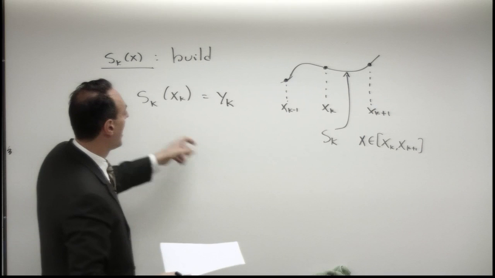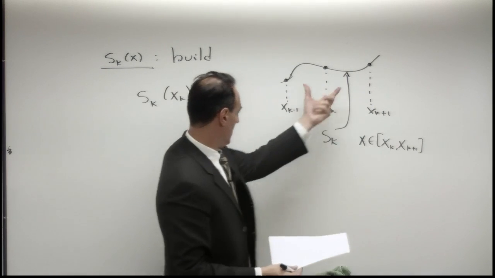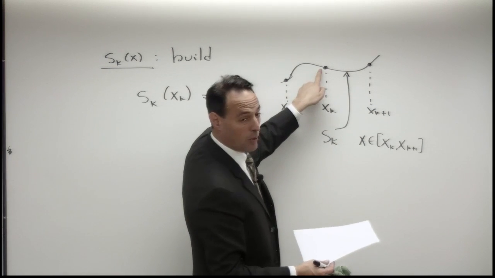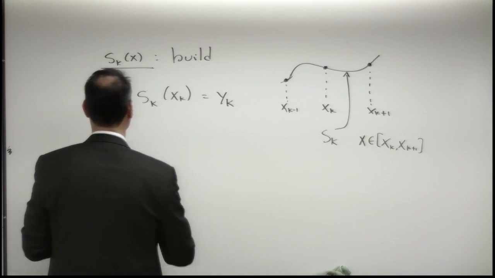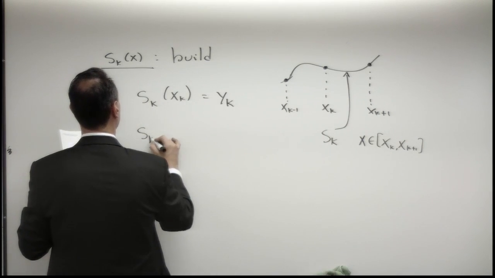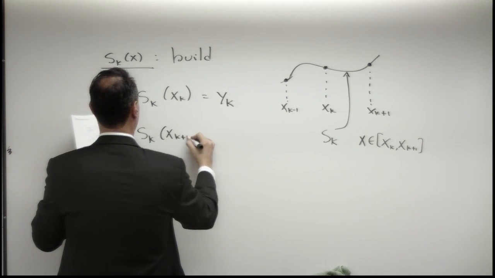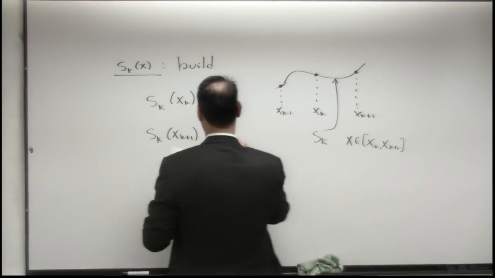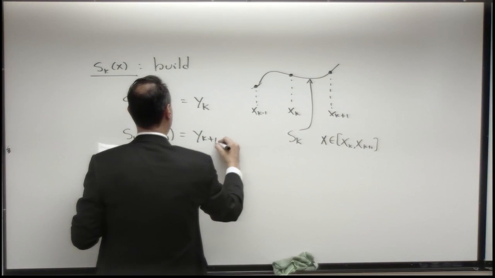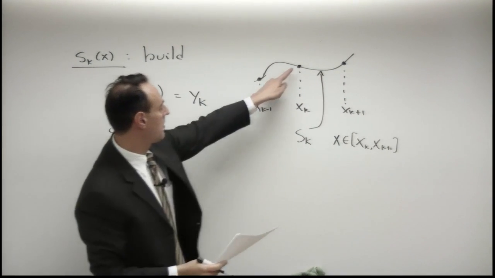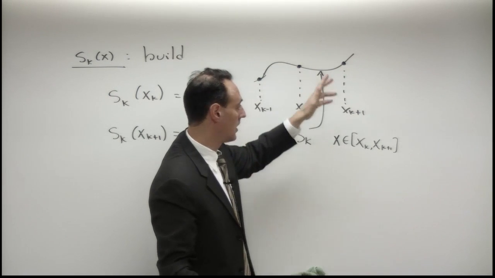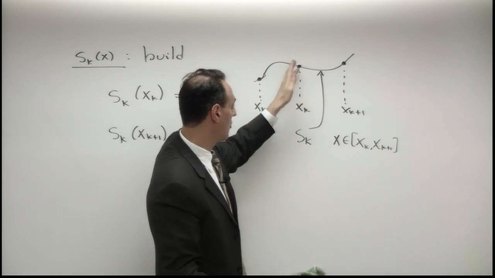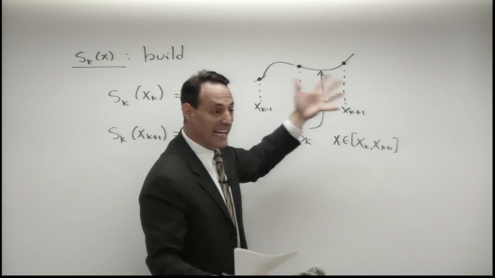So first of all, I want this function in this interval to go through this point. Second of all, I want it to go through the other point. I want it to be here, and I also want it to go through there. It's not too much to ask, is it? Go through here, go through there. Hit the points.